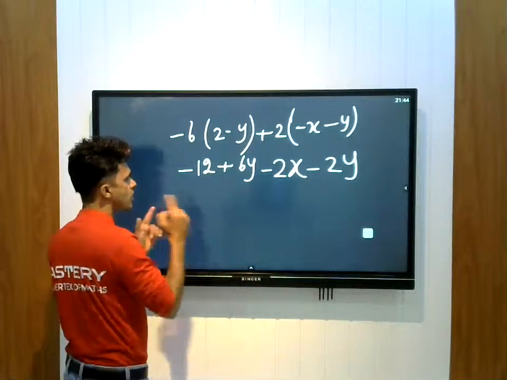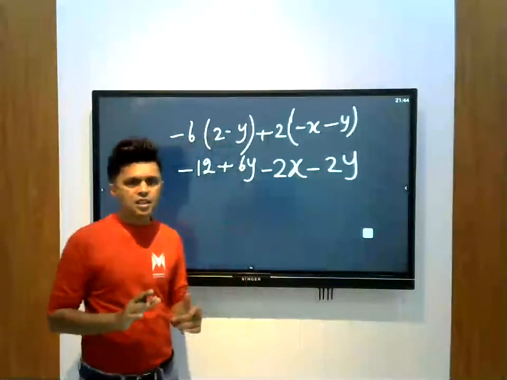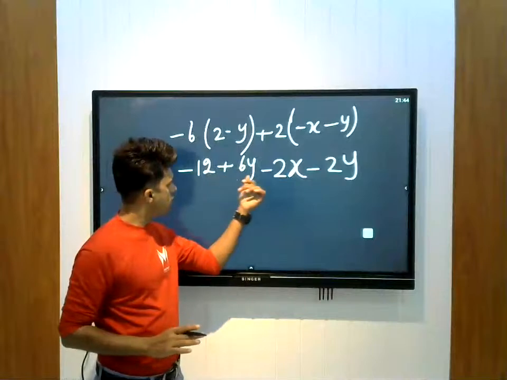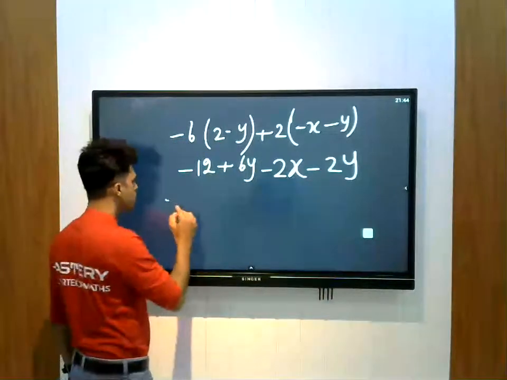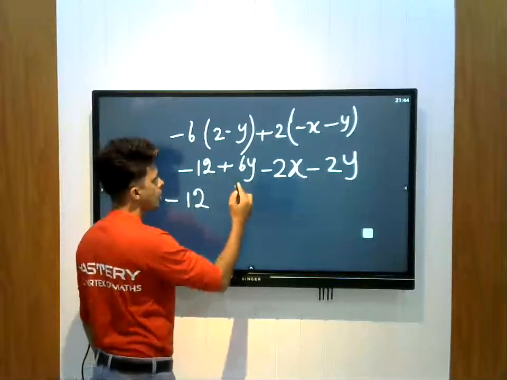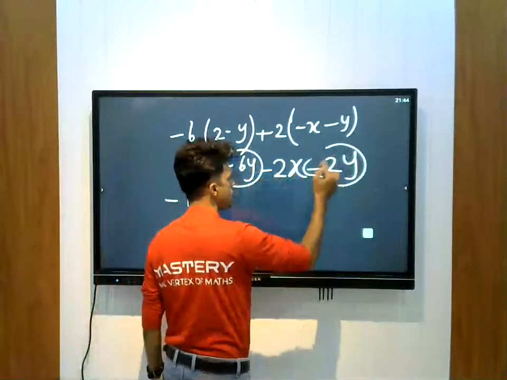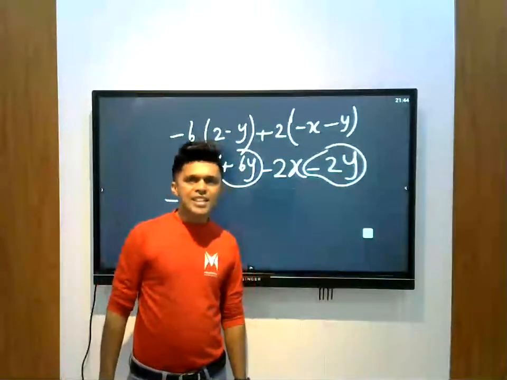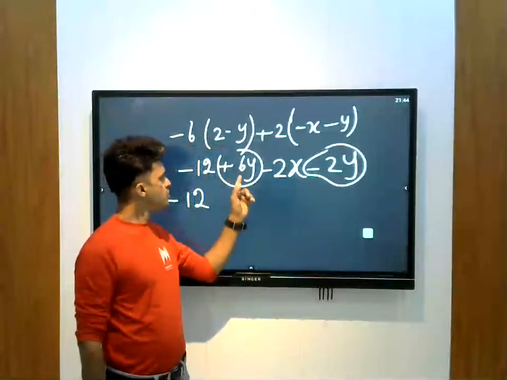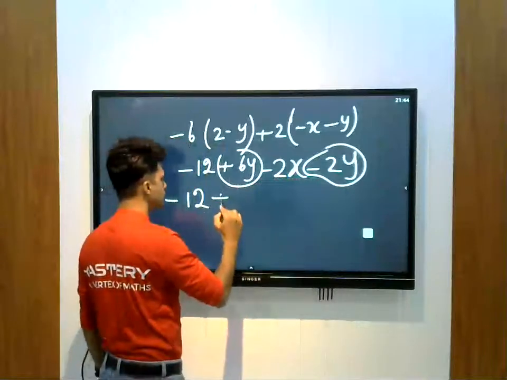What are the like terms? Here you are unable to see any other digits. Here minus 12. Can you see more digits here? No, you can't see it. So 6y and minus 2y are the like terms. So you are able to simplify these two terms. 6y minus 2y is 4y.